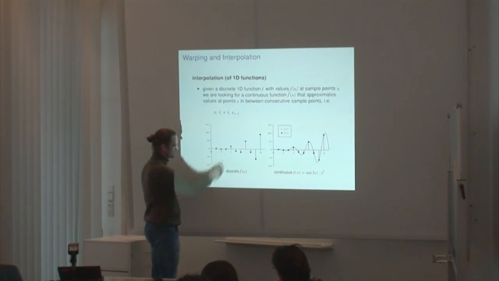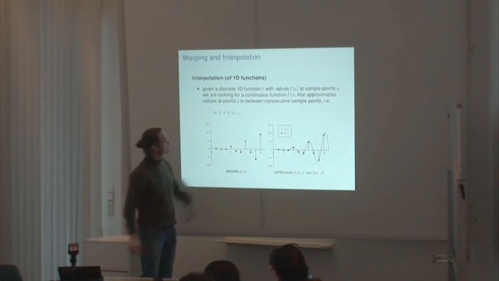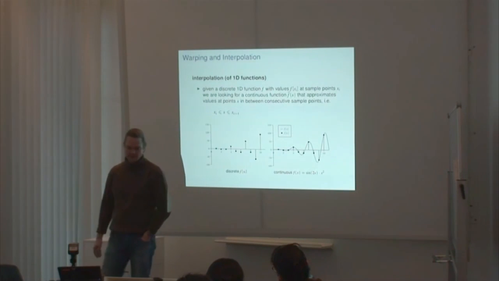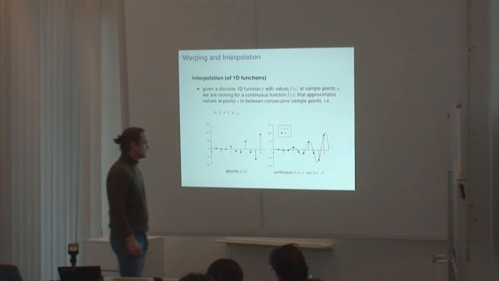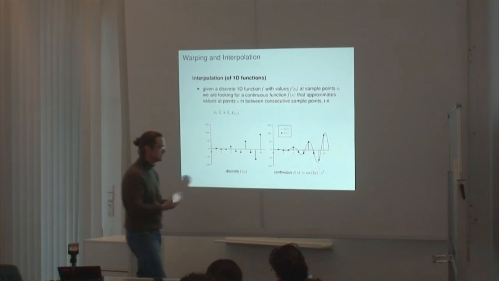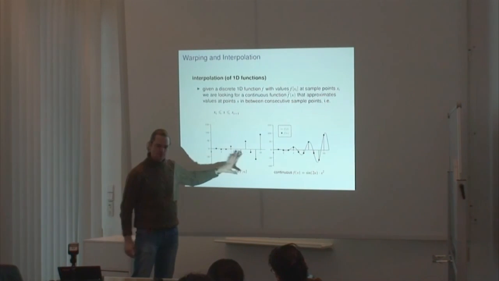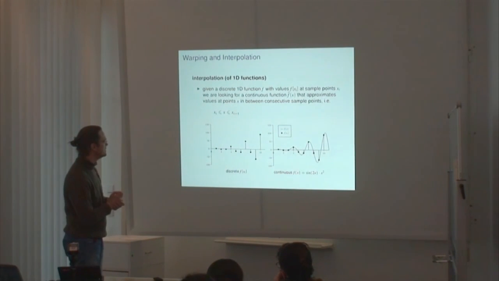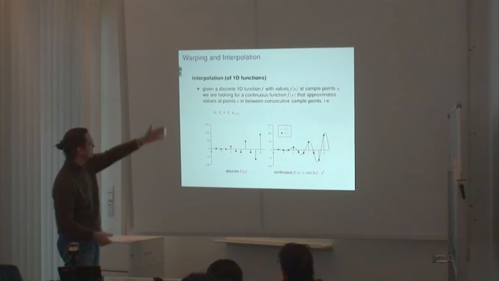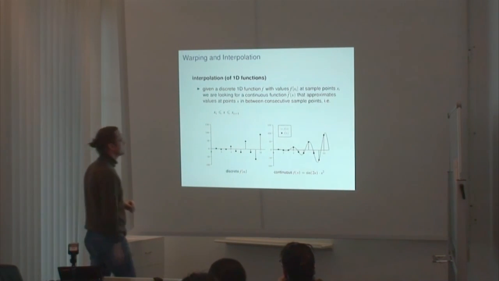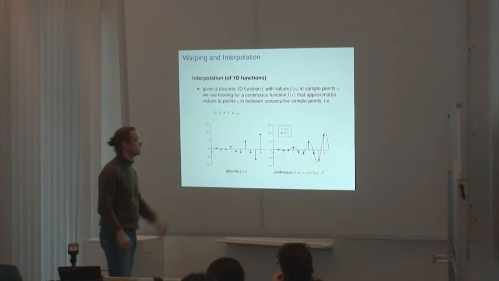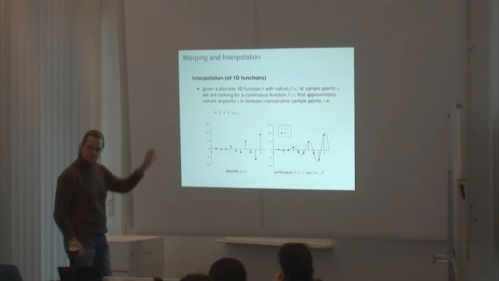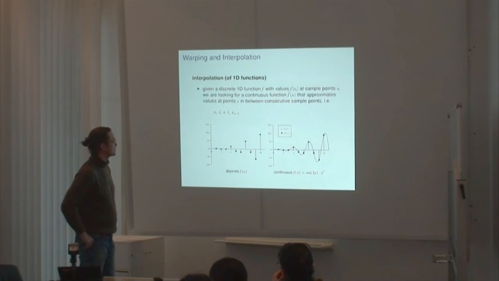These black dots are located along the x-axis at certain sample points, which I'm referring to as points xi. And what we want to obtain, given this discrete set of coordinates and corresponding function values, is a continuous representation, and I call this one f hat of x. It's not f of xi, but f hat of x, to indicate that this is supposed to be a smooth continuous function.